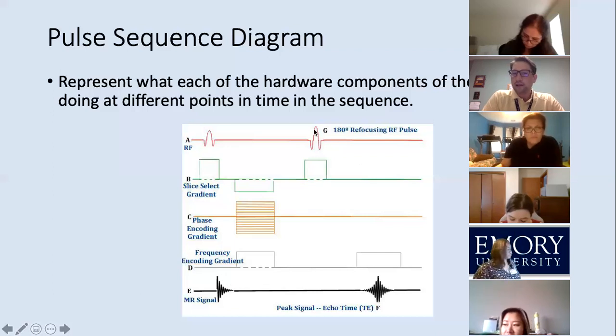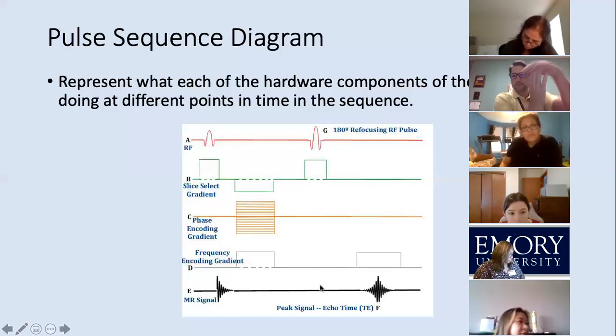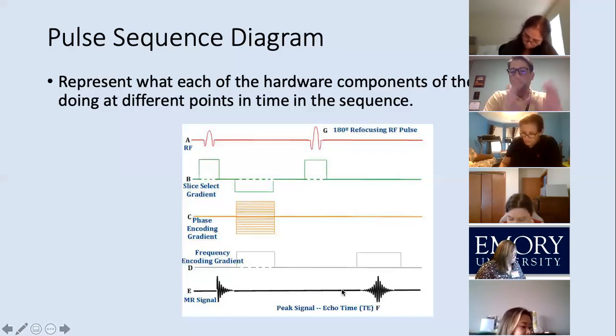And with a spin echo pulse sequence, we had this great 180-degree refocusing pulse. What that allowed us to do is turn it on. It basically flips that signal that's rapidly decaying on its head, inverts it 180 degrees, and then it starts to regrow. So all those spins that were dephasing start to rephase and realign to be coherent.